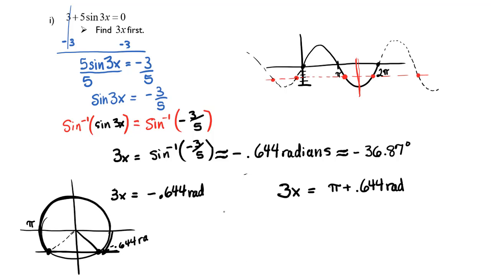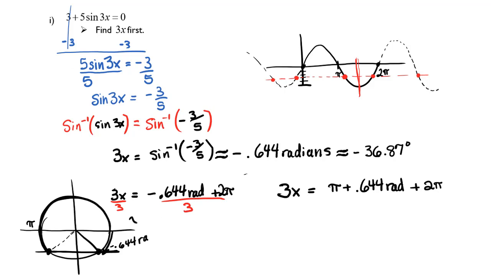And at this point, we can then say the interval on which this happens will be plus 2 pi for every additional rotation. And this will also happen at plus 2 pi for the other point at which this will happen. Now we need to just divide by 3.